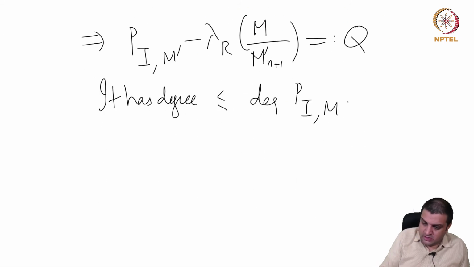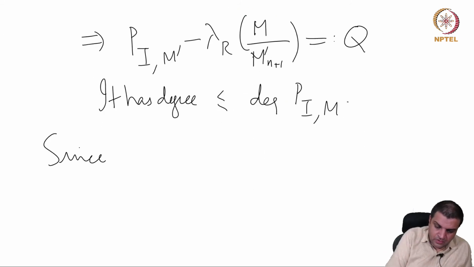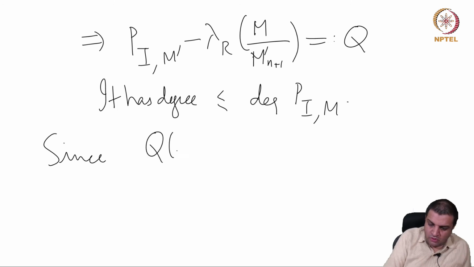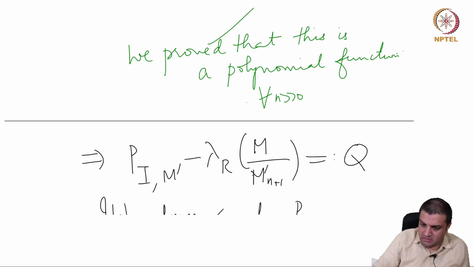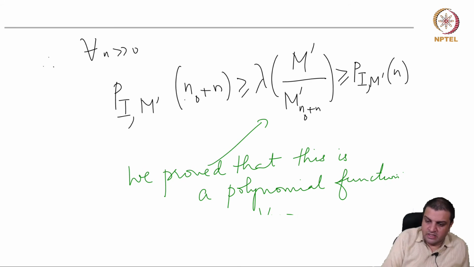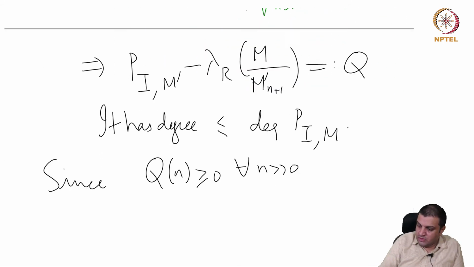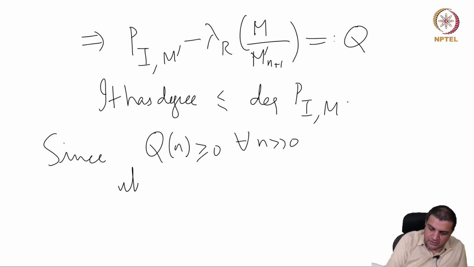Since q of n is non-negative for all sufficiently large n, that's from this relation. So it is the difference of these two that we called q. Its leading coefficient must be positive.